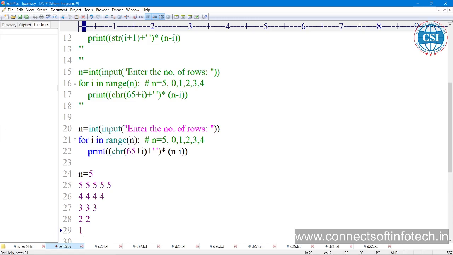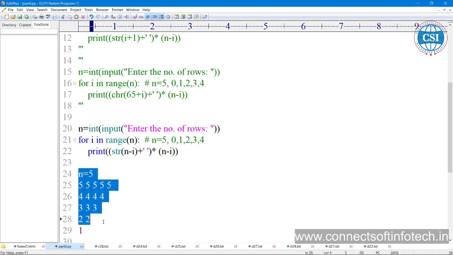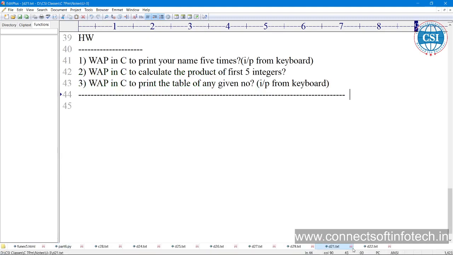What to do here? You need to write str of n minus i. Will it work or not? Str of n minus i: 5 minus 0 means 5, str of 5. 5 will get printed with space, 5 times. Yes, perfectly it will work. Let us check.